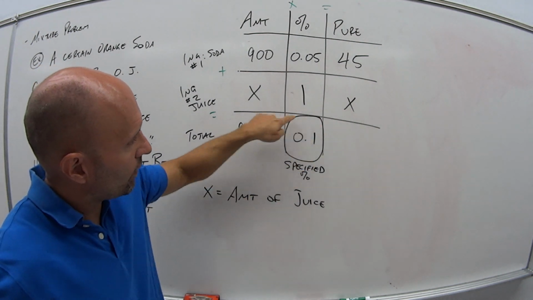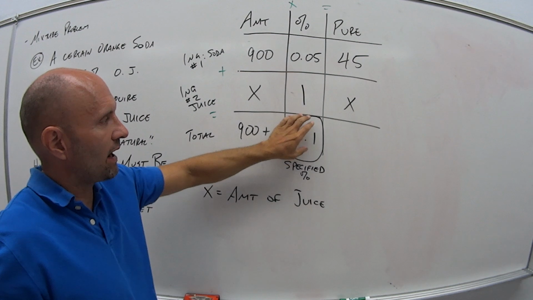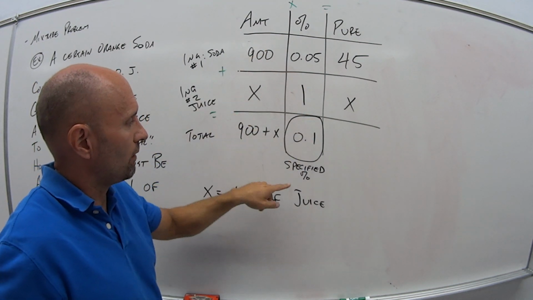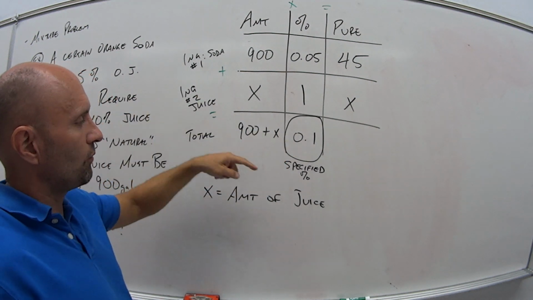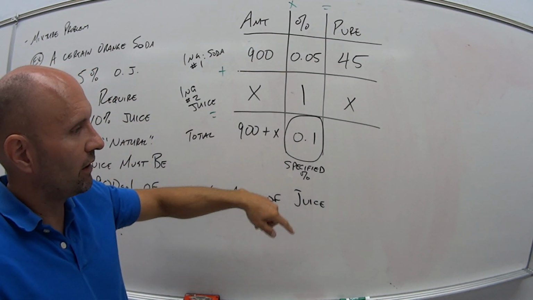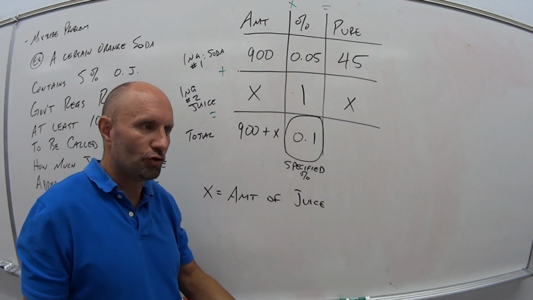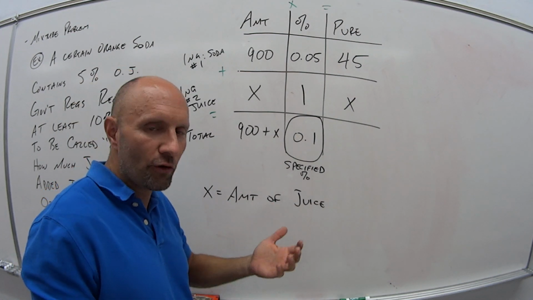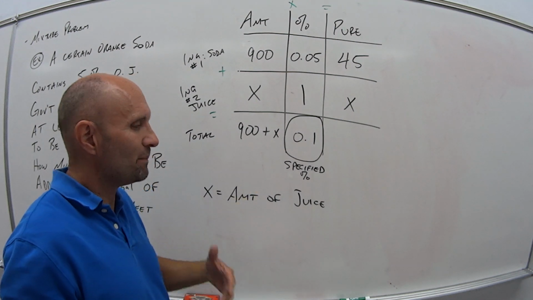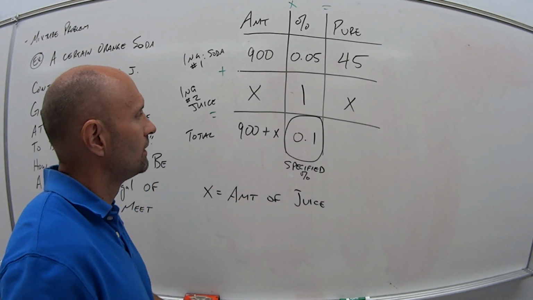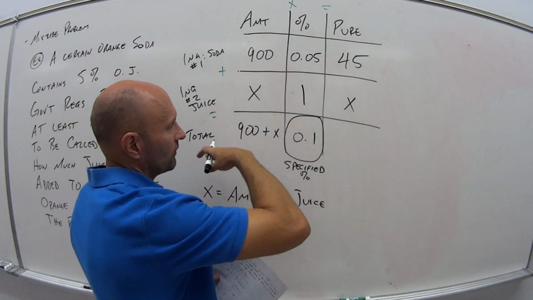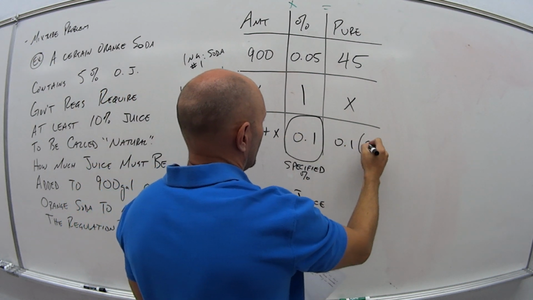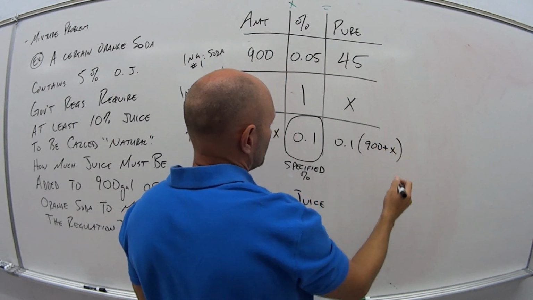So in the investment problem, we just X it out. It doesn't have a value in our table. In the mixture problem, it's the specified amount from the problem telling us we want it to be 10% juice or 18% acid or 30% water or whatever it might be, but it's going to tell us that. Once we have that, this process is the same, multiply across, so 0.1 times 900 plus X.